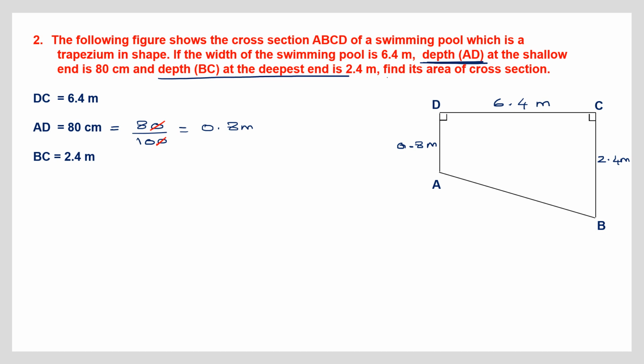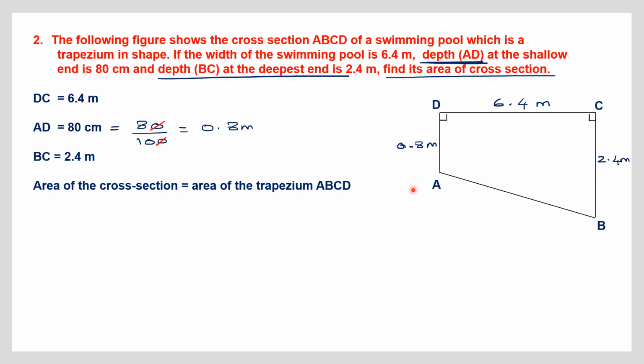Now we have to find the area of the cross section. So area of the cross section is the area of this trapezium ABCD. So what is the formula to find the area of the trapezium? Half into sum of parallel sides into height. So let's substitute wherever we can. So that is 1 by 2 into sum of the parallel sides. So we have two parallel sides here, 0.8, the side AD and BC.